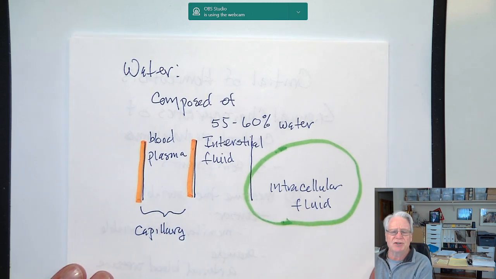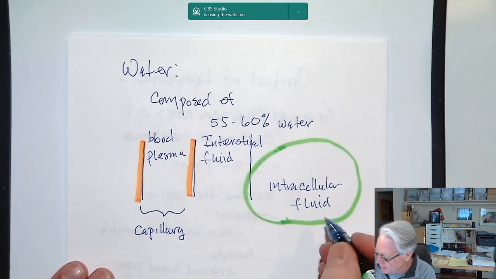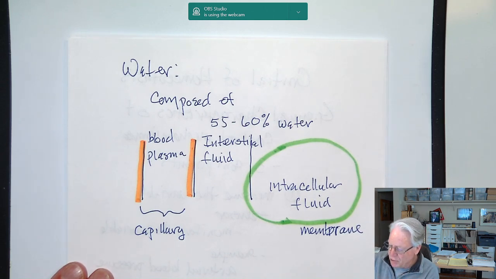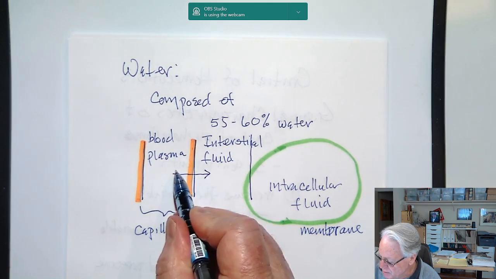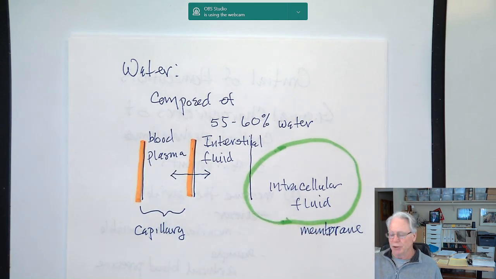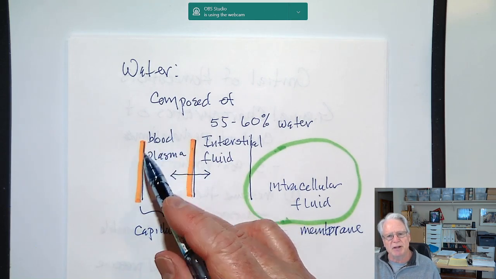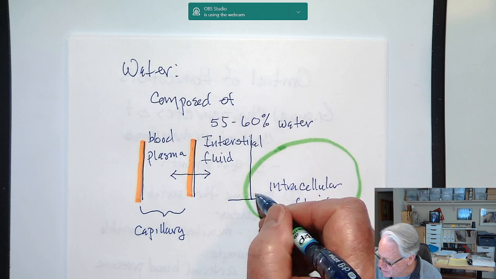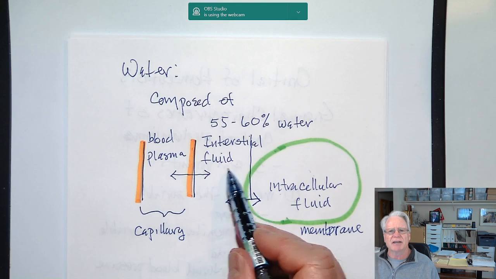The interstitial fluid, as you know, surrounds the cells, and within the cells, this is our cell membrane. We talked about this quite a bit. Things are going to be exchanged between blood plasma and interstitial fluid. And whatever the cells need or want to get rid of is going to be exchanged between the intracellular fluid and the interstitial fluid.